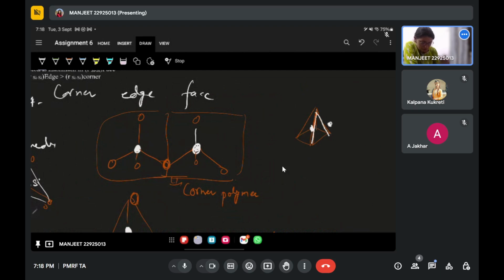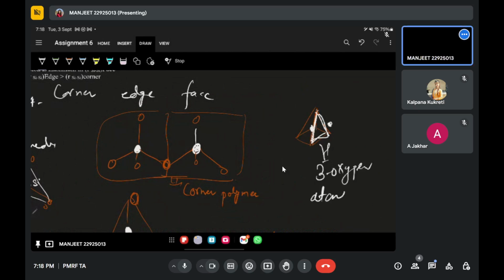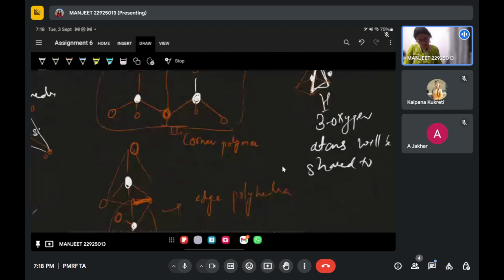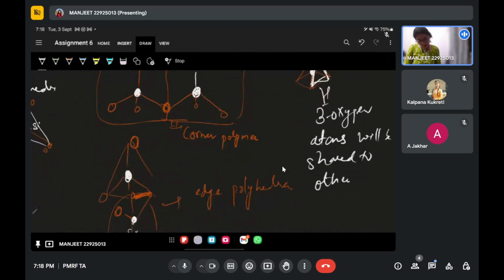It means three oxygen atoms will be shared with the other polyhedra.